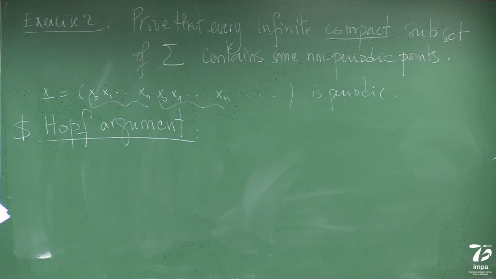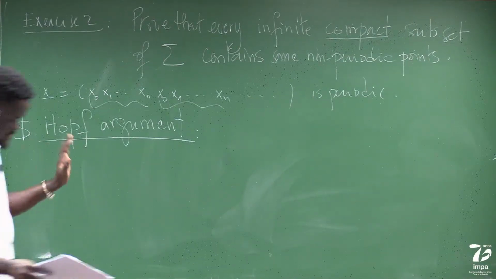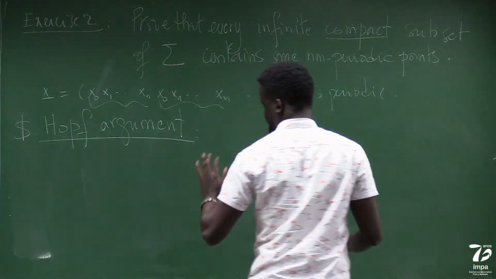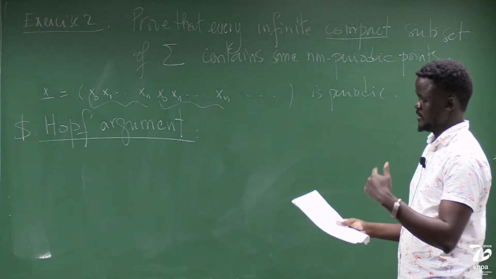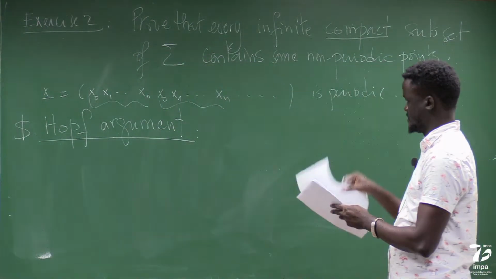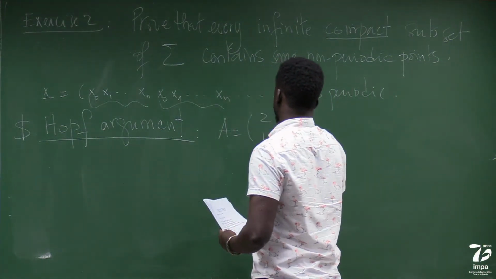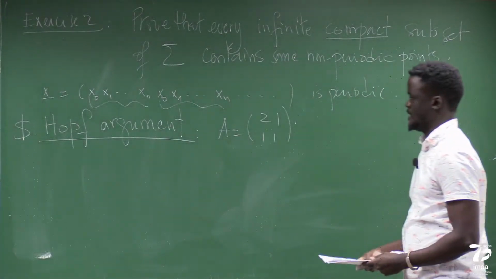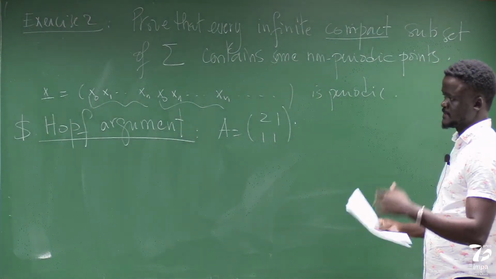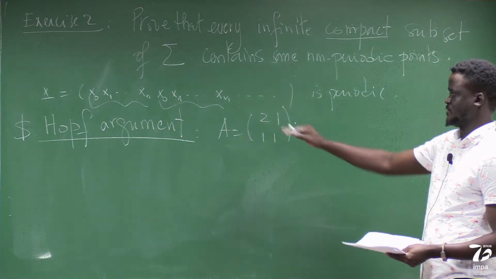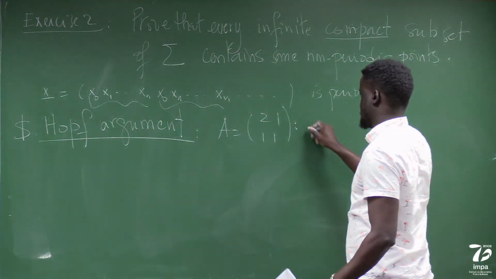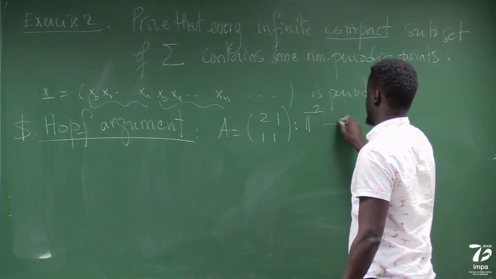For today, I will just explain it for the simple case of a toral map, given by the matrix (2, 1; 1, 1). And probably next lecture, I will explain how it works in general. So this is on T2.